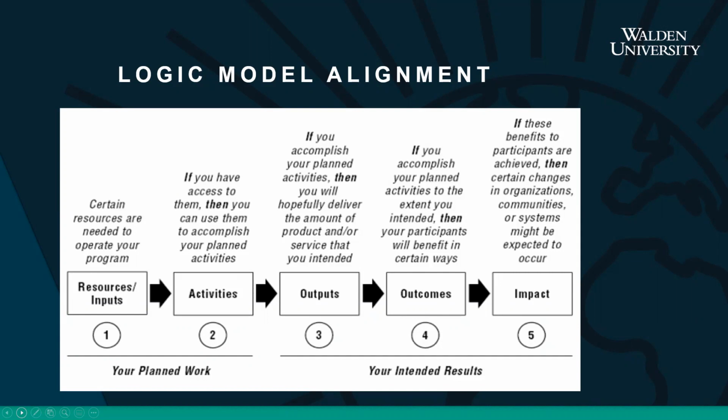Obviously, if you've got resources or activities that do not align to any of your short-term, intermediate, or long-term goals, there's really no need to dedicate those assets or resources to that program. Also, it helps you to identify gaps.